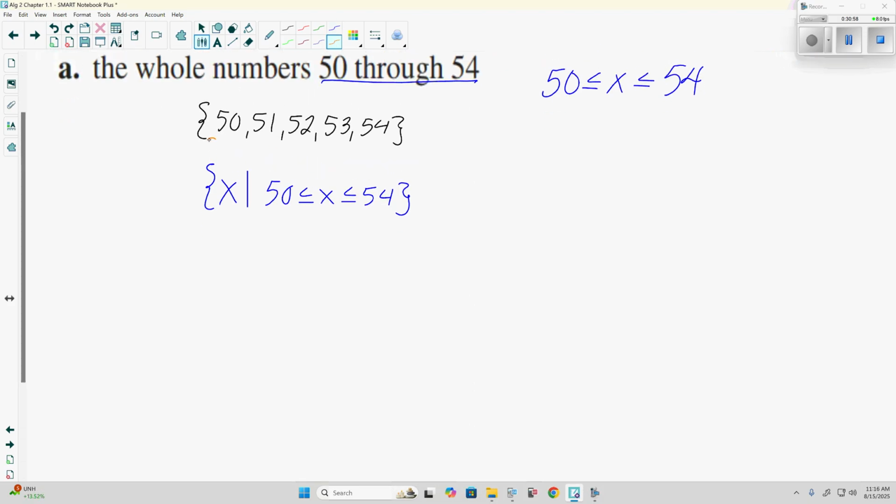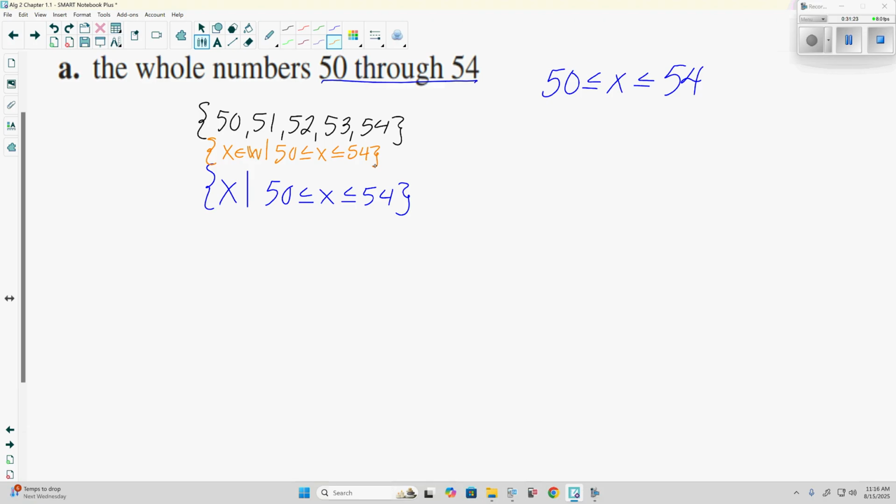If we talked about whole numbers, x is an element of the whole numbers such that 50 is less than or equal to x is less than or equal to 54. But since we were able to list them out, I think it's a little bit nicer to just go 50, 51, 52, 53, 54, brace on both sides, call it good.